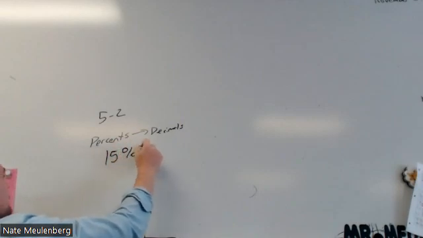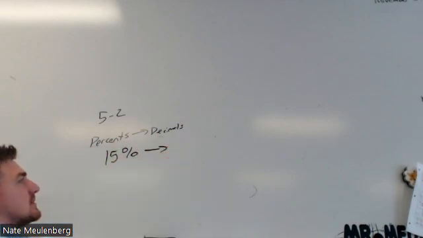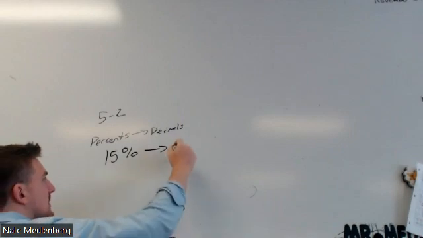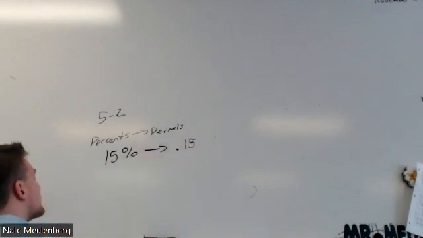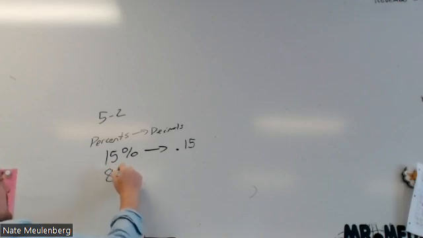If you have 15%, how do you make that into a decimal? 0.15. So which way do you move it? To the left. Yeah. What about if you have 8.2%?